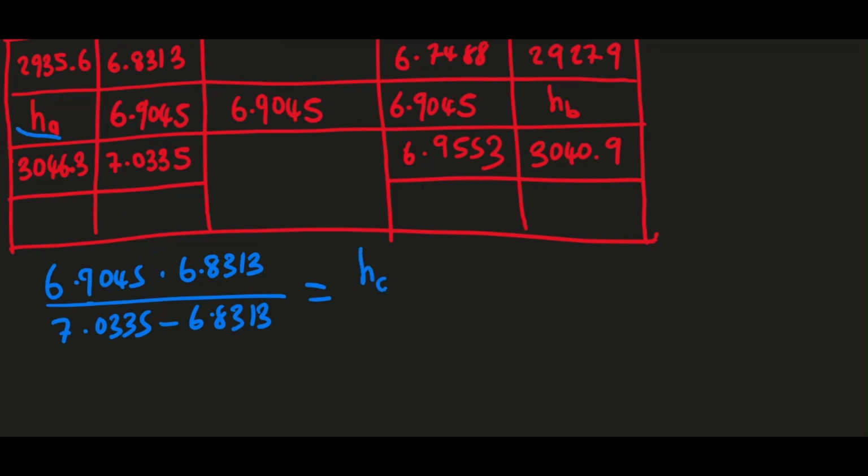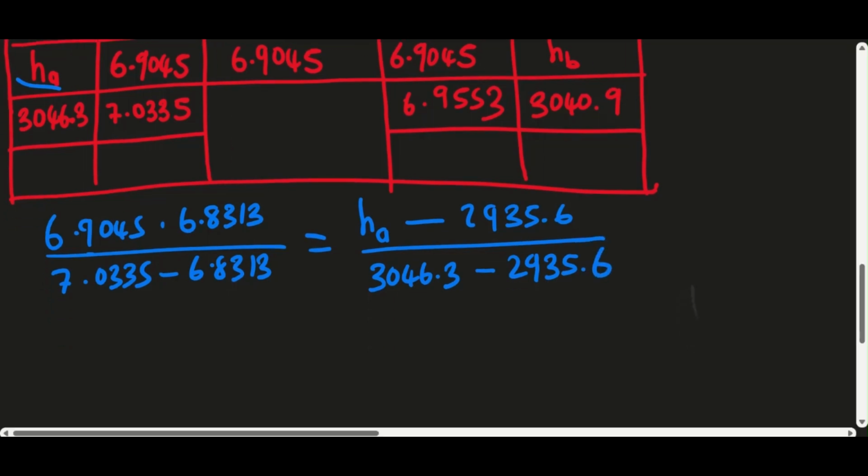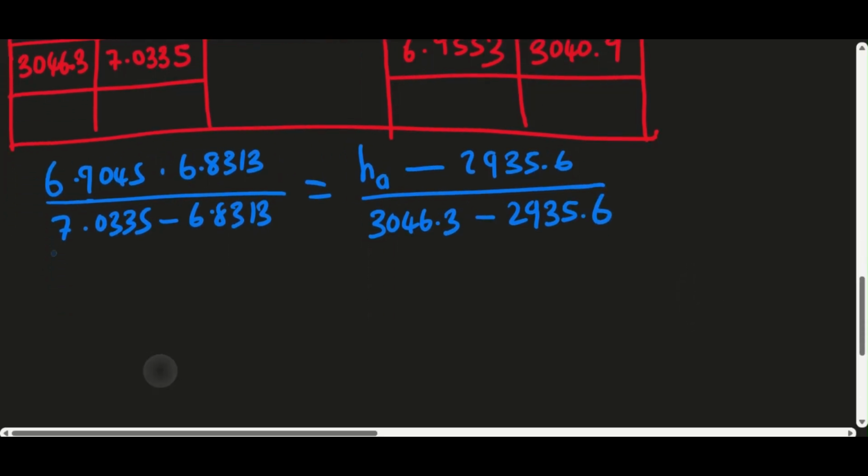So HA minus the lower limit, 2935.6, divided by the upper limit enthalpy minus lower limit enthalpy. From here, just make HA the subject of the formula.